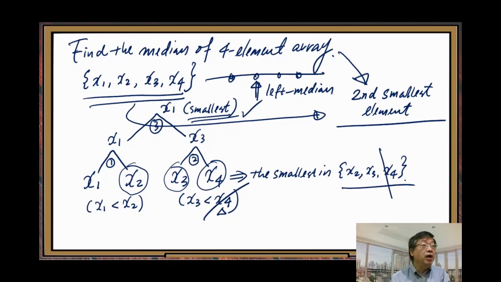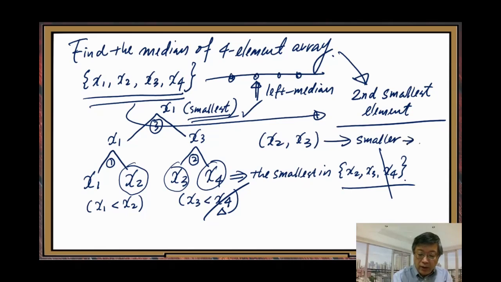Only x2 and x3 are left. x2 can be a candidate and x3 can be a candidate. So let us do one comparison of x2 and x3, and the smaller one will be the answer. But you need a fourth comparison to find the second smallest.